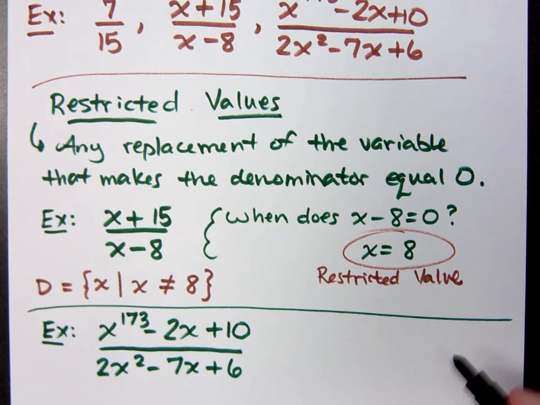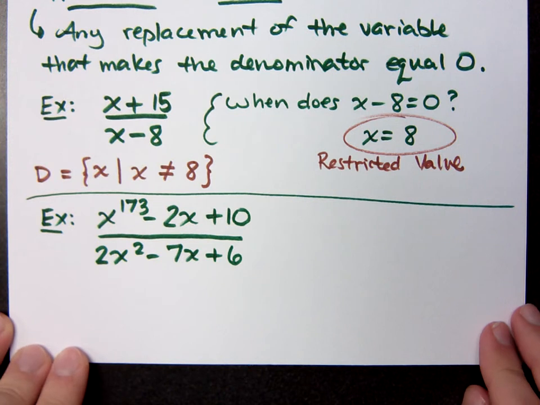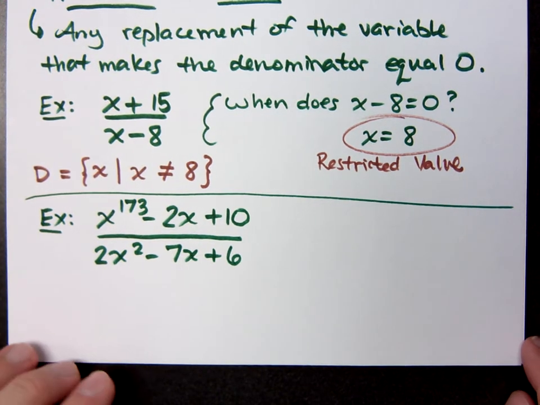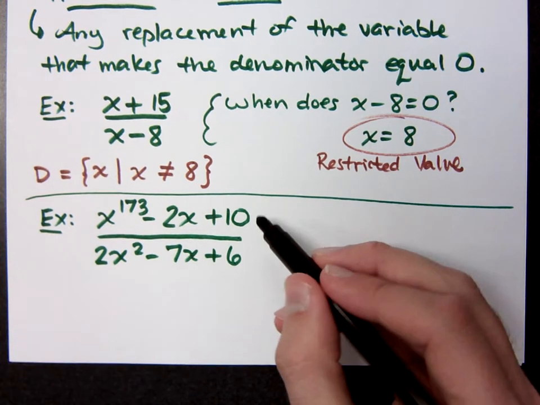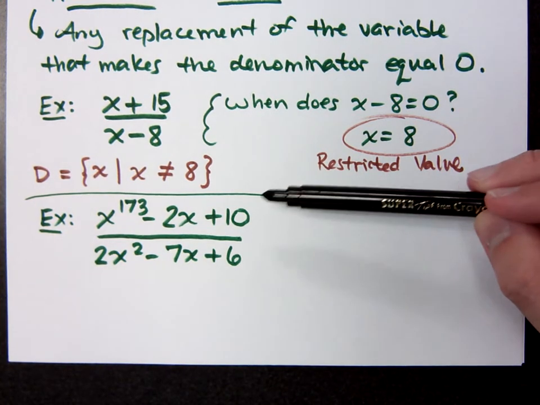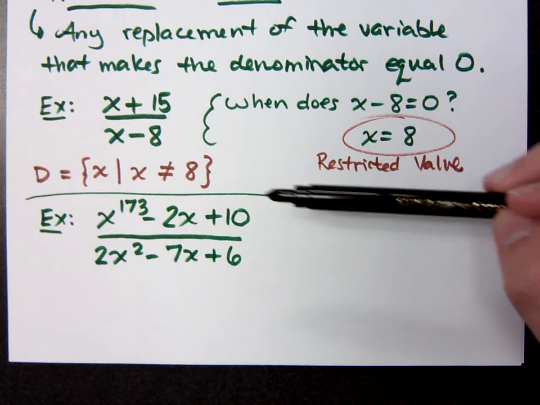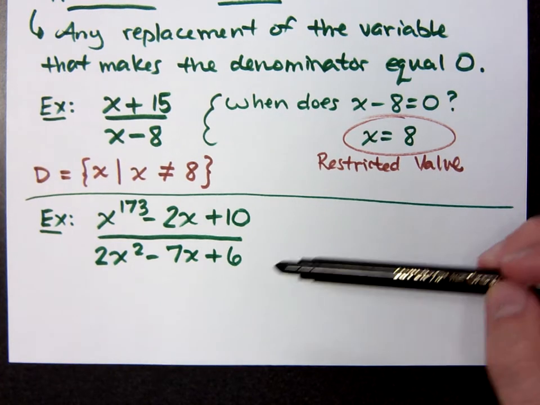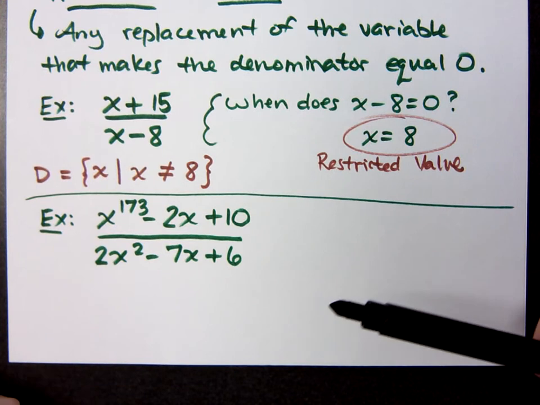So when I look at this problem, man, I don't even care about the numerator, because the numerator could be 0 and I don't care. It doesn't matter. But if the denominator is 0, whoa.